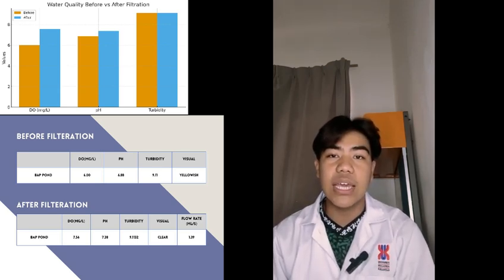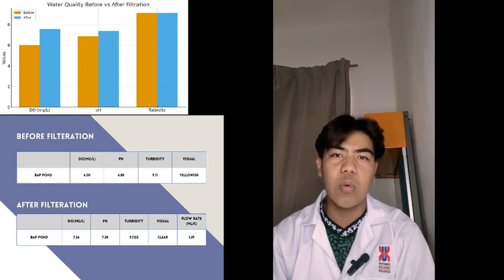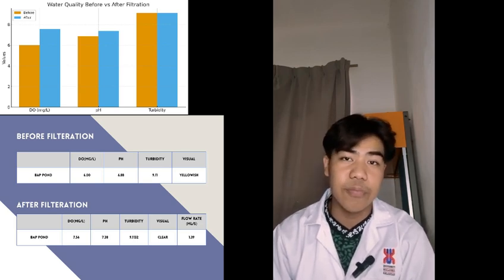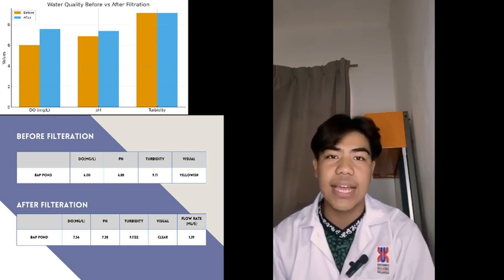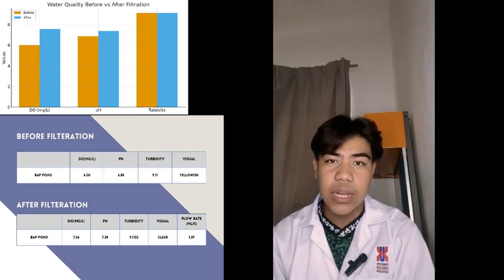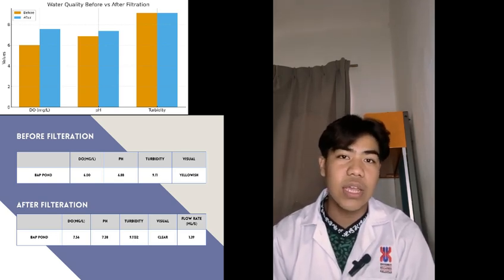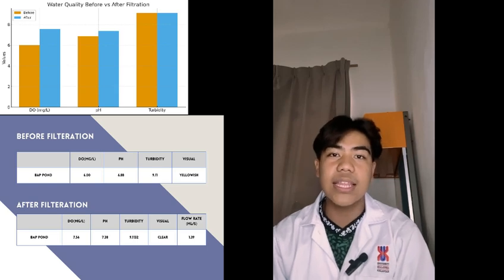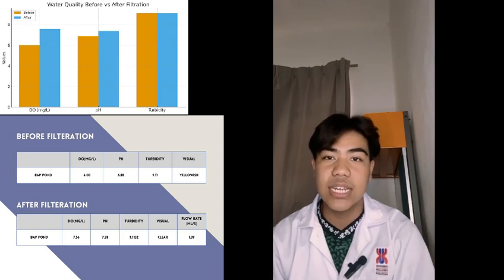Turbidity remained unchanged at around 9.11, but visually the water improved, meaning the filter removed fine color and organic particles even if the turbidity numbers stay similar. A flow rate of 1.39 milliliters per second shows the filtration system is functioning smoothly.